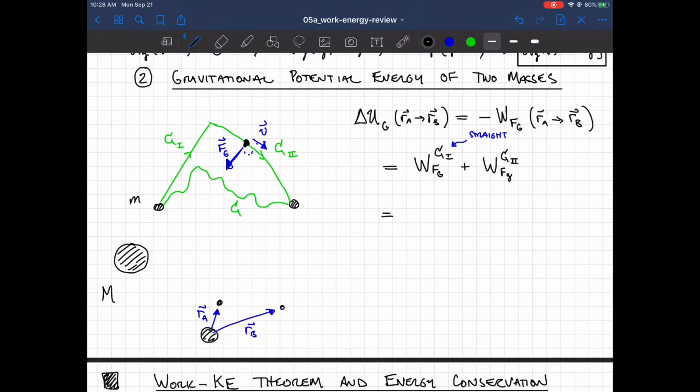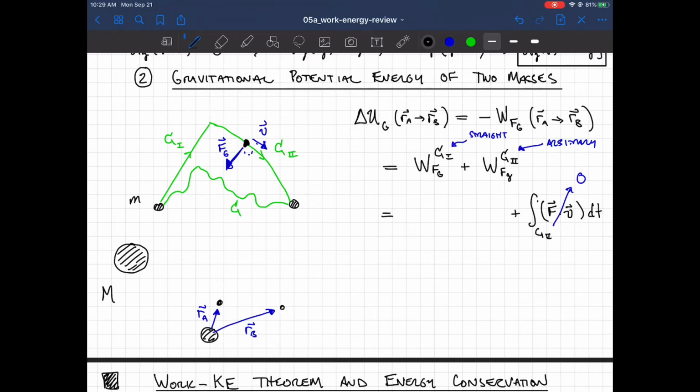So in the second part of it, we use the arbitrary path expression, which is along C2, the integral of F dot v dt, but that whole thing is equal to 0 because of the way that I constructed the path. So that curved path is a circle around big M, and the force points exactly perpendicular to that circle, so therefore that part is equal to 0.